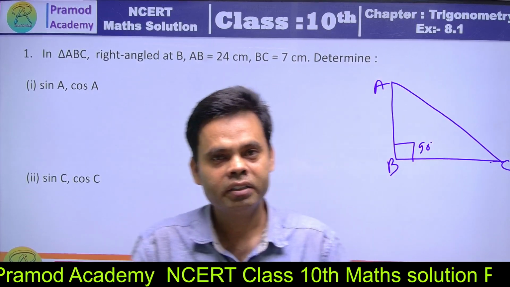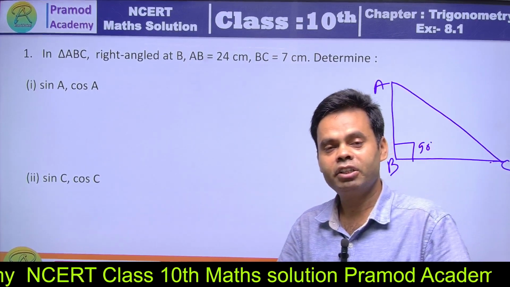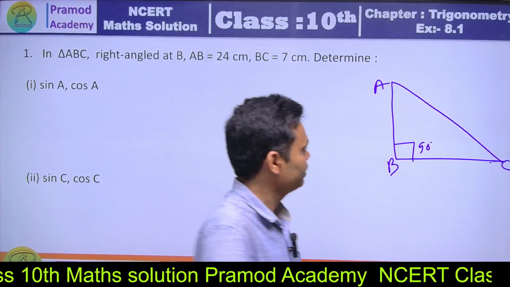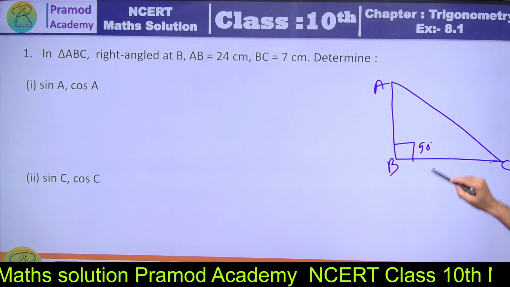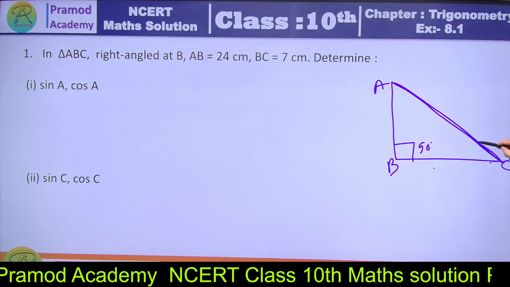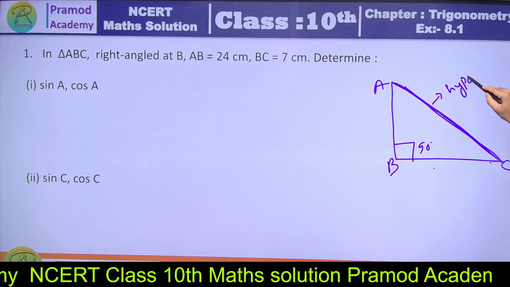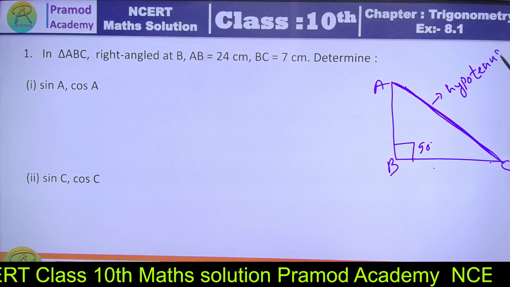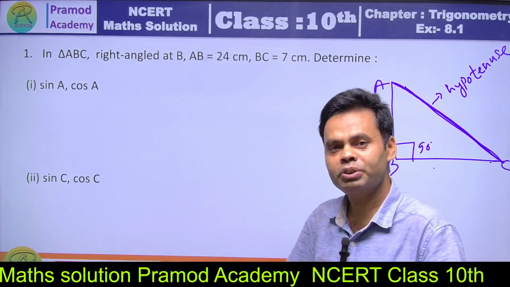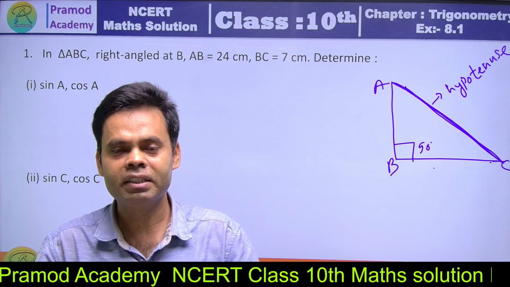One is called the hypotenuse, the longest side in a right angle triangle. So this is the hypotenuse, and the other 2 sides are perpendicular and base.